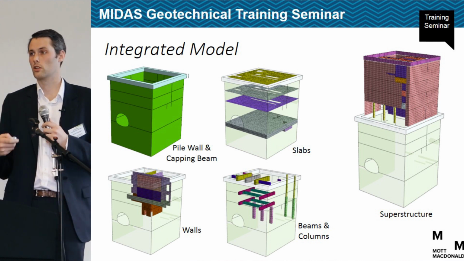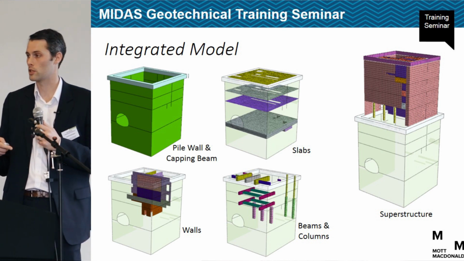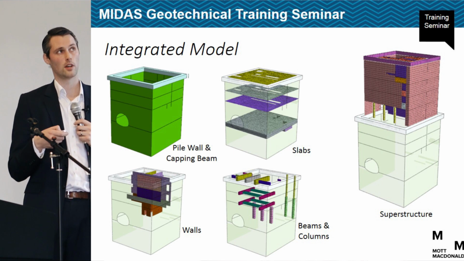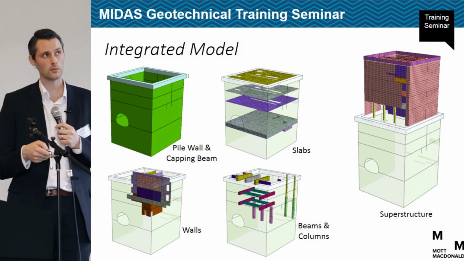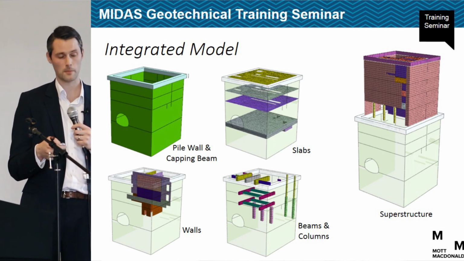We're modelling those as solid volume elements in the model with gauging elements within them to extract structural forces, because the stiffness that's provided by these sort of elements is very, very significant. So we don't want to underestimate the stiffness of the structure.